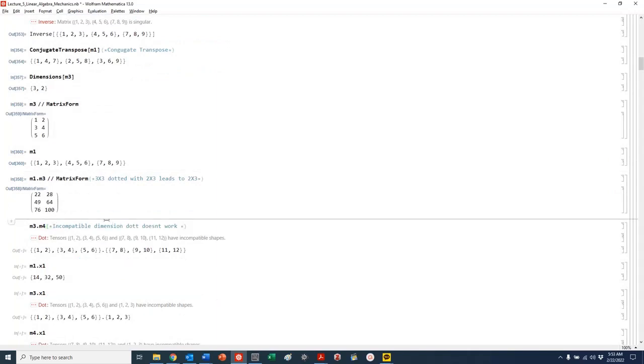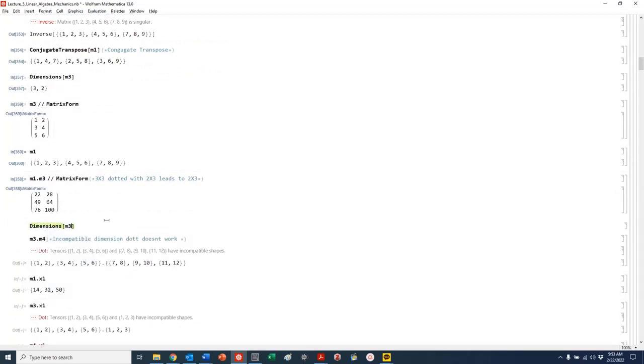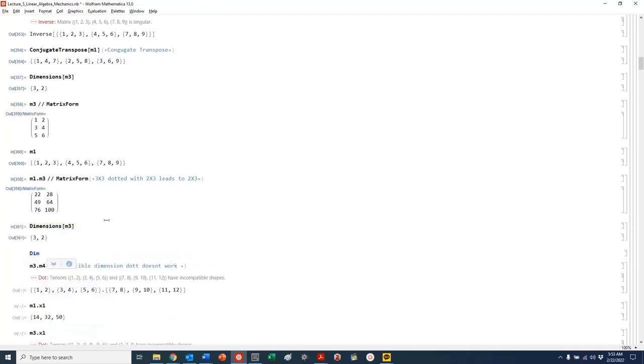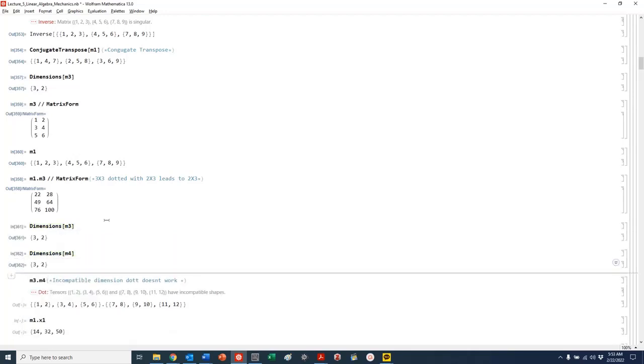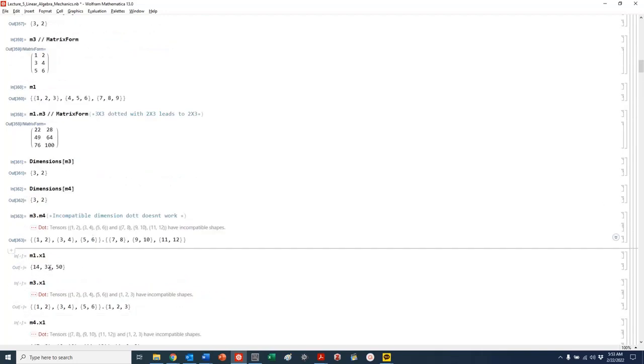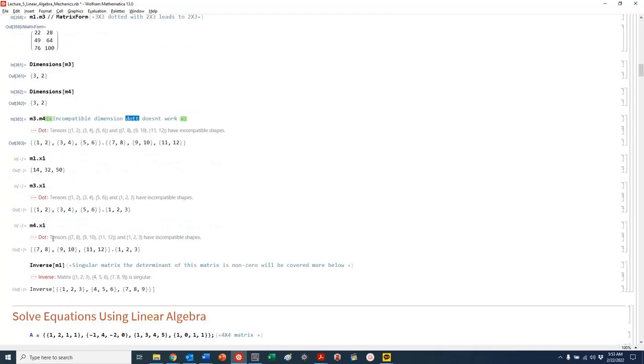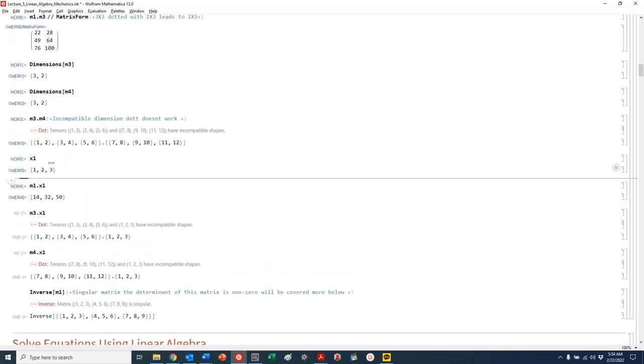However, if I look at the dimensions of M3 and M4, I cannot dot these values. Incompatible dimensions will not work. I can do M1 times x1. Remember, x1 was a 1 by 3.